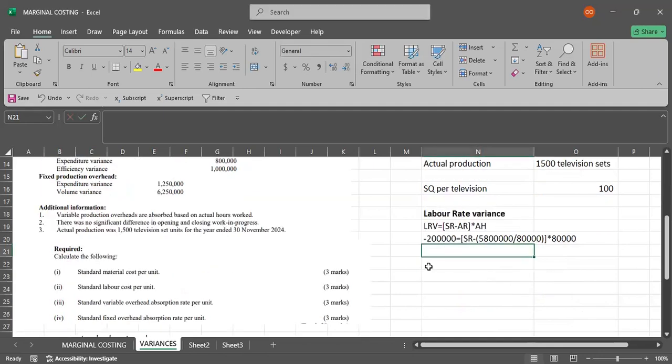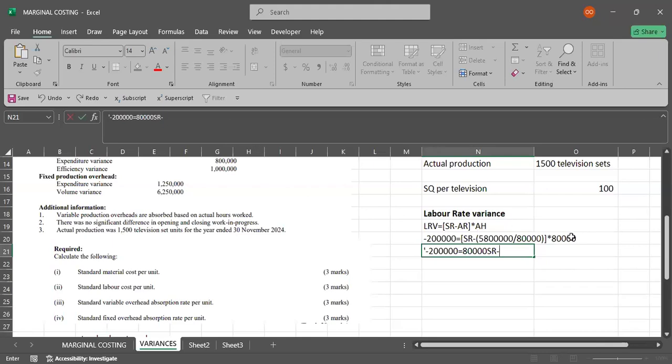So when I come to this part, I'm required to break the bracket. That should be my first step. So 200,000 is equal to, when you break the bracket, standard rate multiplied by 80,000, it will be 80,000 standard rate. Then I less, so 5,800,000 divided by 80,000 will give me actual rate per unit.